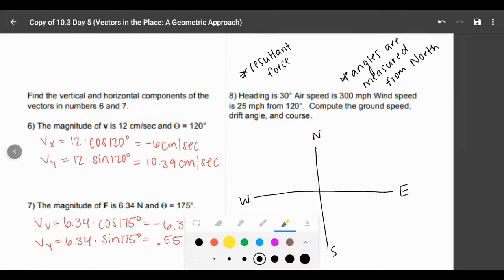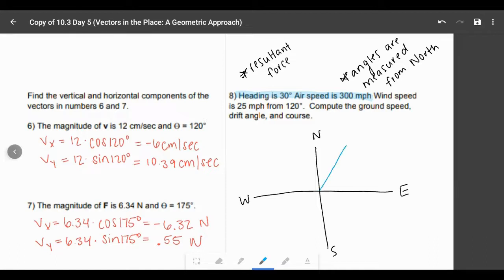This part tells me a heading is 30 degrees and airspeed is 300 miles per hour. So that means 30 degrees from north we are going to have a vector that is 300 miles per hour in magnitude.